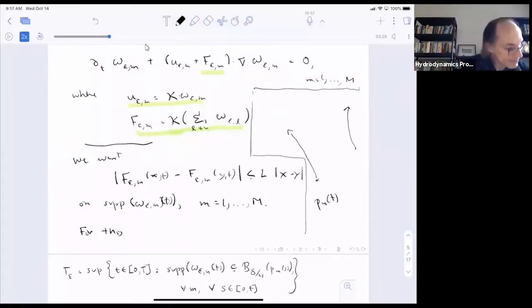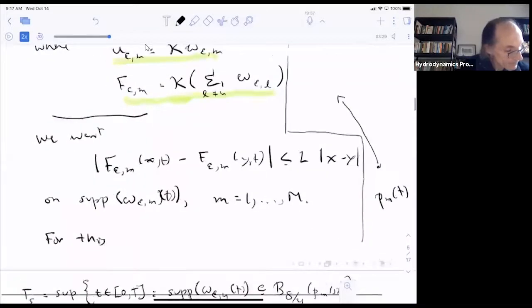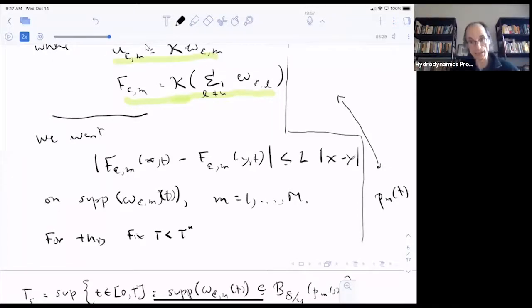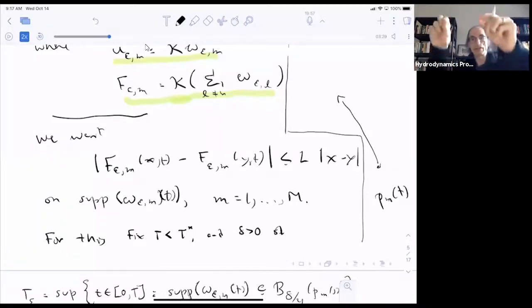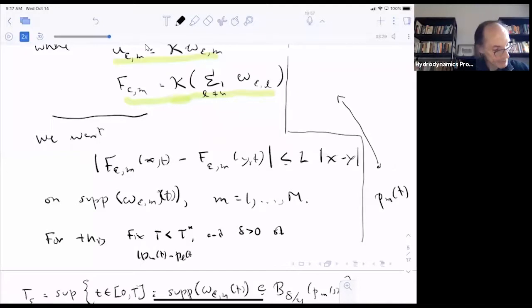I fix some capital T less than T star, since I have to prove a conclusion that's valid for any T less than T star. If up to time capital T there's no collision, then I can find some delta greater than 0 such that all of the trajectories are at least a distance delta away from each other: the norm of P m of t minus P l of t is at least delta.